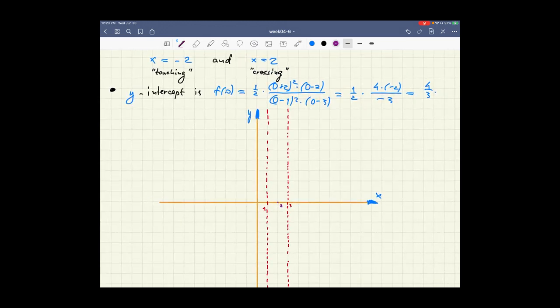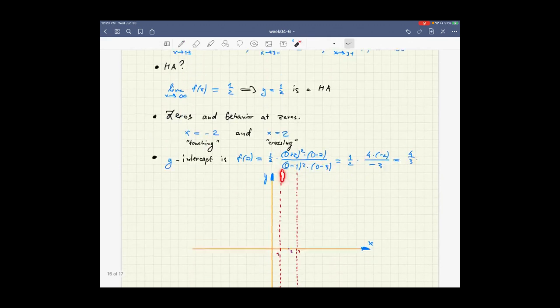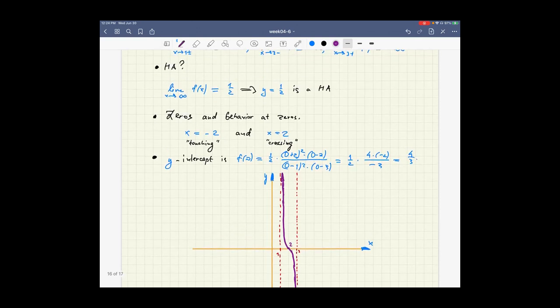Also note that to the right of 1, our function is positively infinite, and to the left of 3, it's negatively infinite. So we should expect a behavior like this. Now, to the right of 3 and to the left of 1, our function will behave differently.